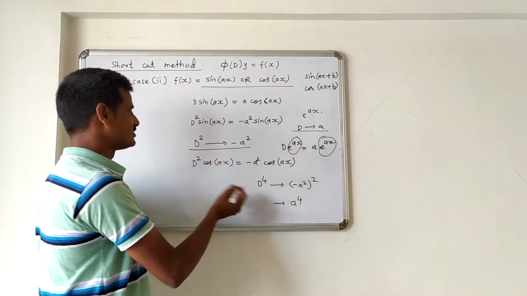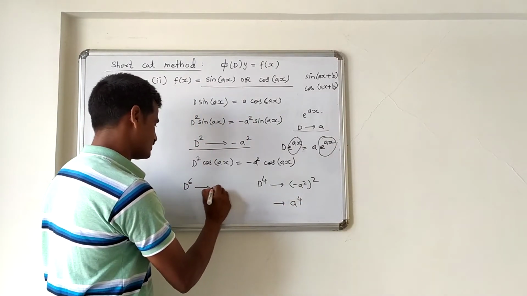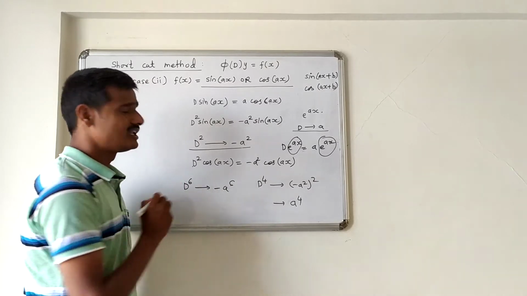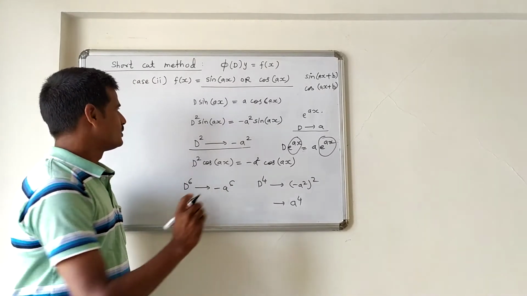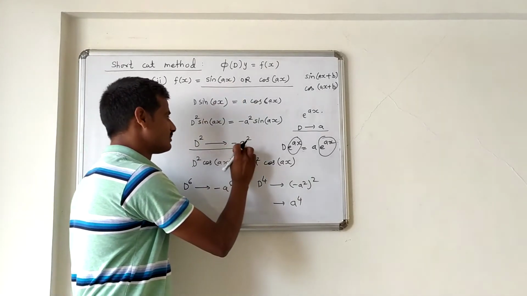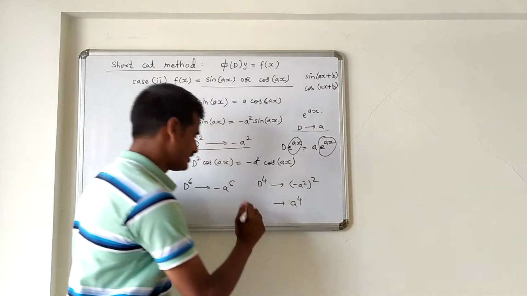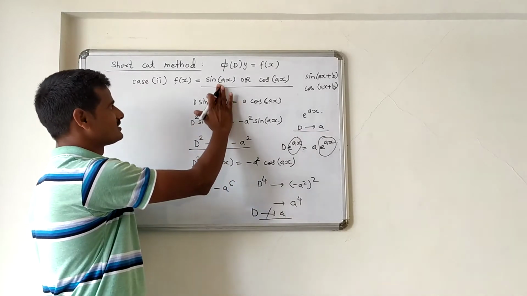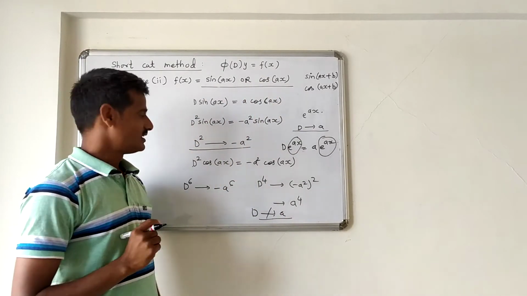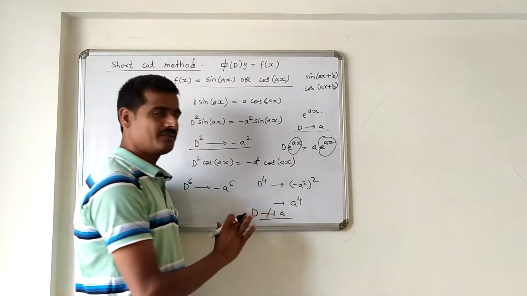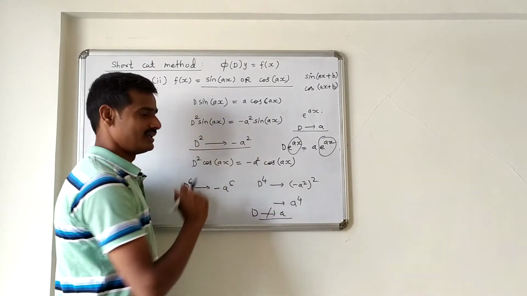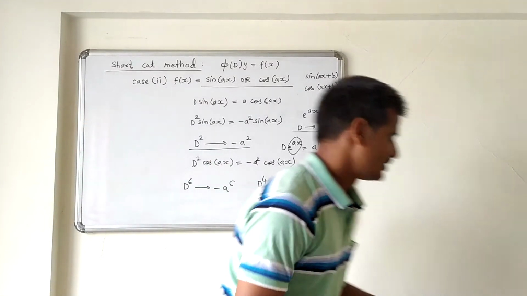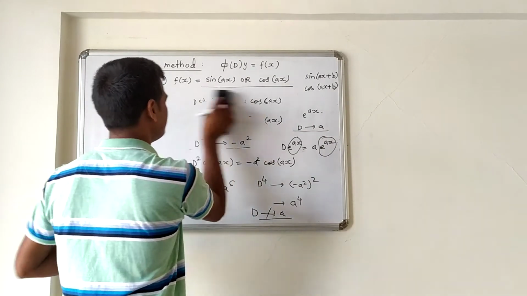Then D raised to 6 by minus a raised to 6, and you continue in this. So in second case, replace D square by minus a square and not D by a. Please remember that if you come across sine or cosine function, then don't replace D by a, replace D square by minus a square.